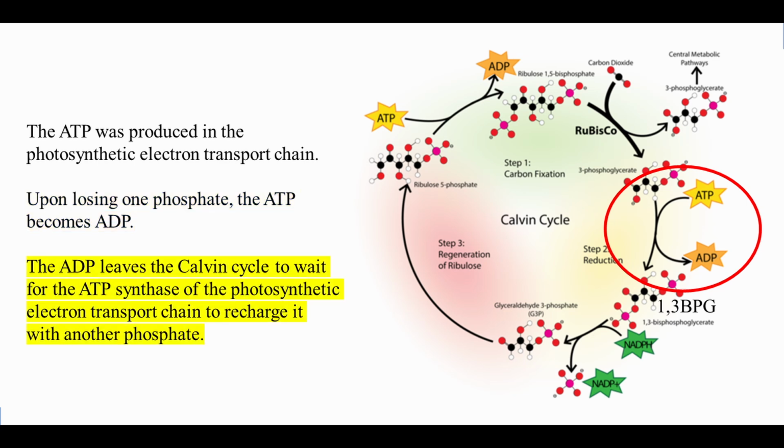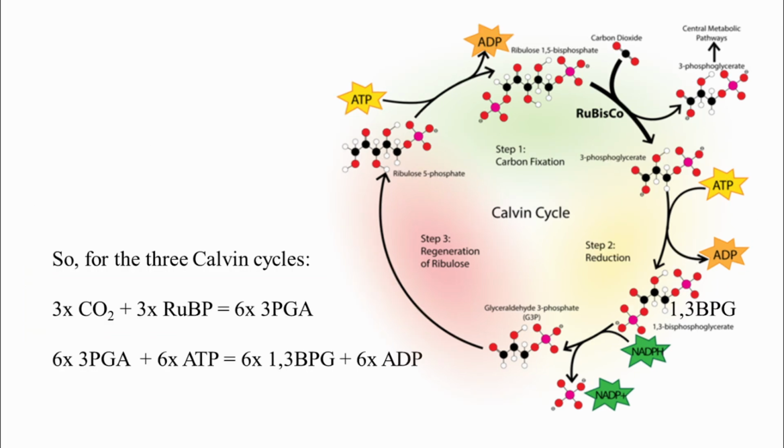The ADP leaves the Calvin cycle to wait for the ATP synthase of the photosynthetic electron transport chain to recharge it with another phosphate. So, for the 3 Calvin cycles, the equations are 3 CO2 plus 3 RuBP reacts into 6 3-PGA. 6 3-PGA plus 6 ATP reacts into 6 1,3-BPG plus 6 ADP.